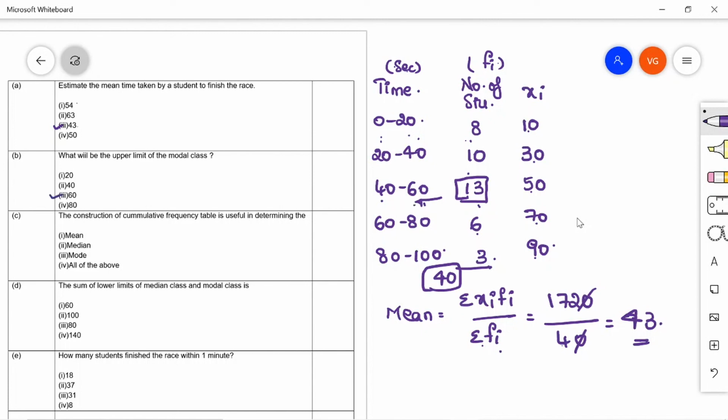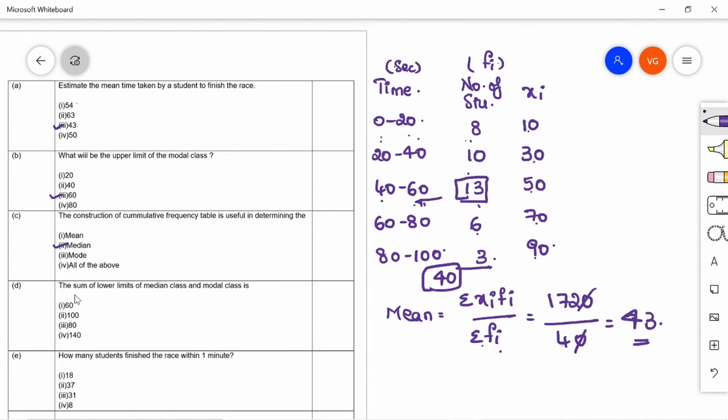So option 3 again. Coming to part C. The construction of cumulative frequency table is useful in determining the, so cumulative frequency, why we are writing the cumulative frequency table, to find out the median, right? So that you can write option 2 is the correct one for this.